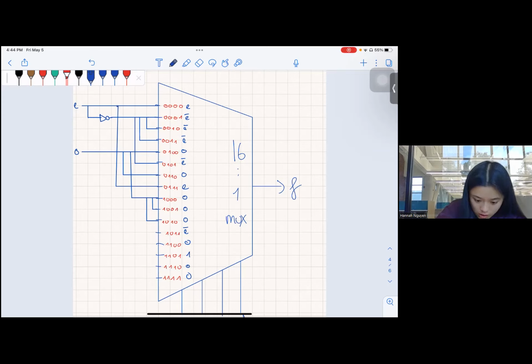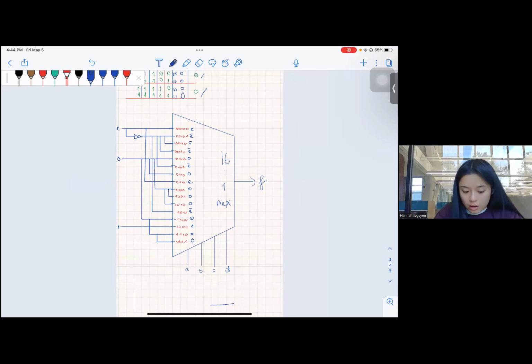This is E. This is 0, and for this one, it's gonna be 1, and then 0 for the rest. Okay, here's my logic gate design using the 16 by 1 mux. Thank you.